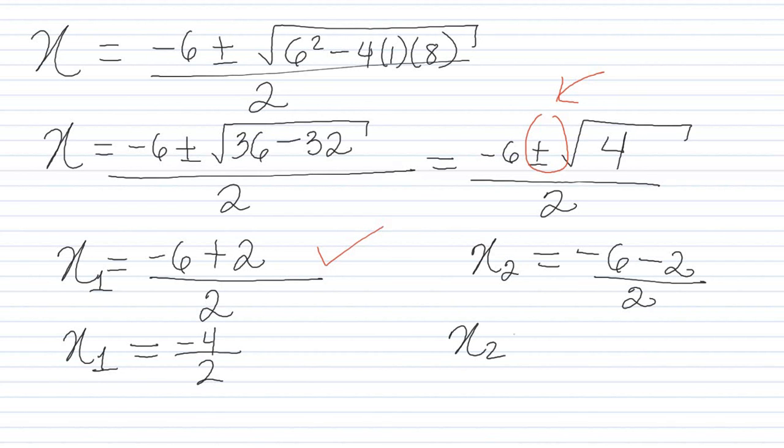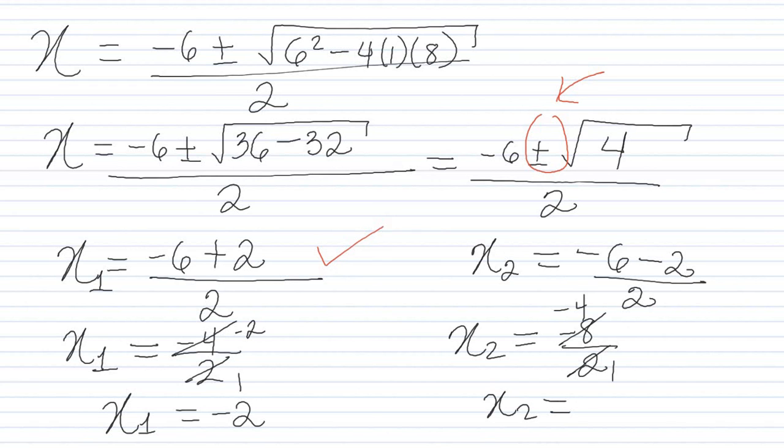Then x2 equals negative 6 minus 2, which is negative 8, divided by 2, which is negative 4. So you have the value of x1 to be negative 2 and x2 to be negative 4. Hence, the answers to this quadratic equation are negative 2 and negative 4.